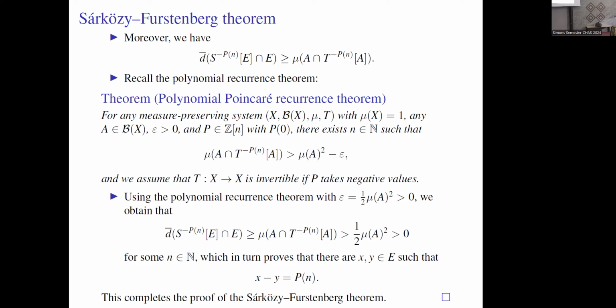So here you see that there are two components of this proof. The Furstenberg correspondence principle, which is an important tool to translate these problems from additive combinatorics to the ergodic setting. And then we have the recurrence theorem, and this is where we have to prove something by using ergodic methods.